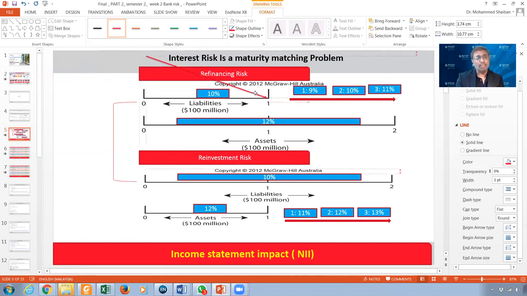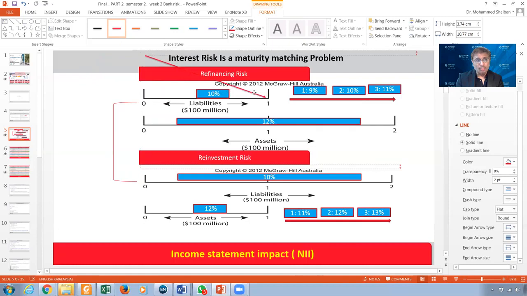Until now, everything is fine. The problem is, what if the interest rate increases? When it increases, I cannot increase this one. It's fixed for 2 years. This is not a floating rate, it's a fixed rate. And this is where the interest rate becomes a problem.